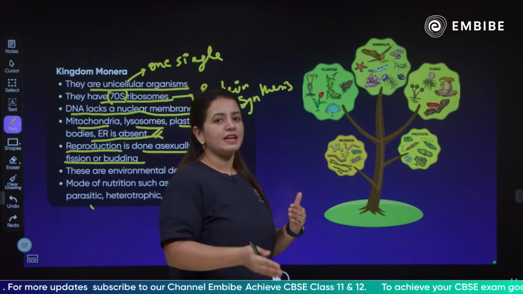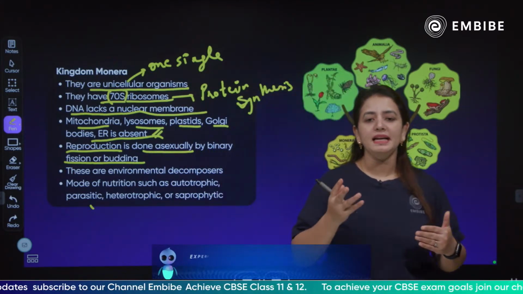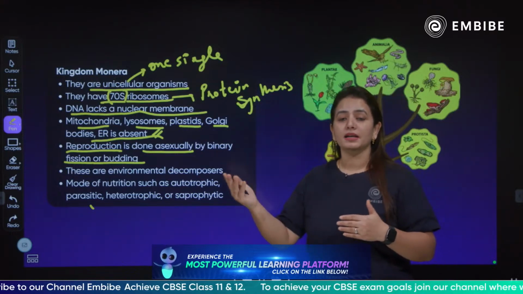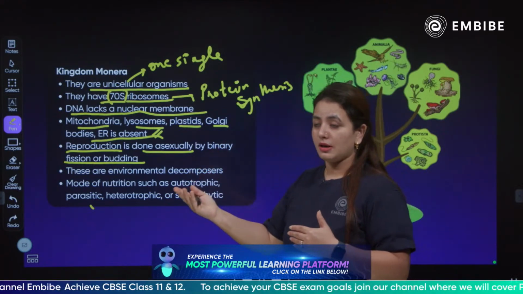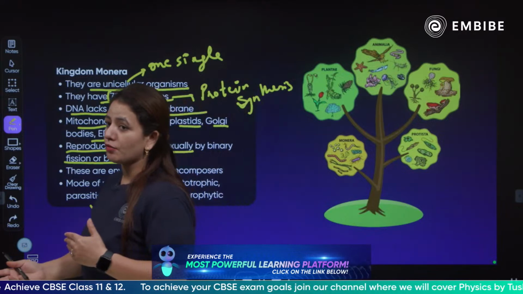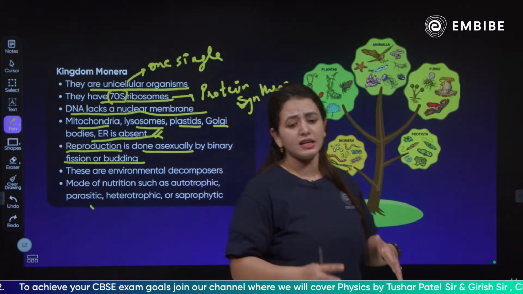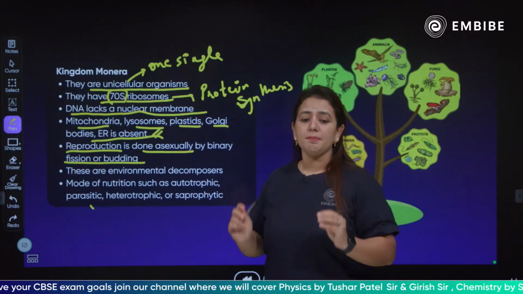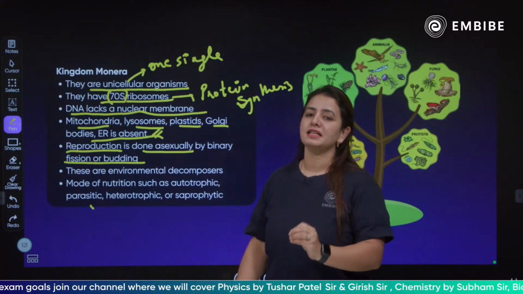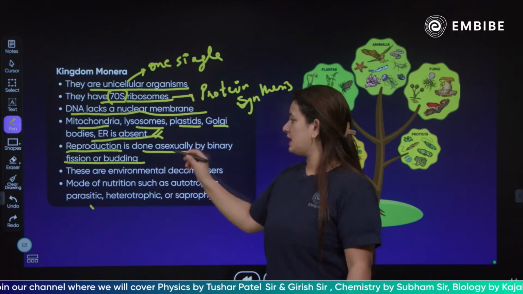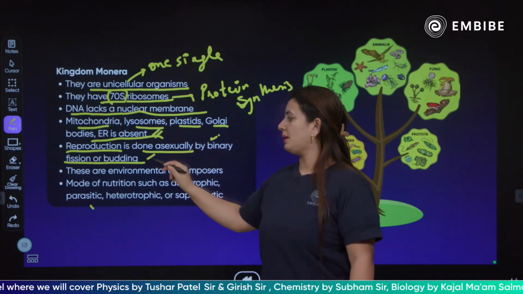The complete division takes place within one cell. It is completely asexual; the other partner, the opposite sex, is not involved, no fertilization, nothing. Absolutely simple method of asexual reproduction, which is binary fission and budding.